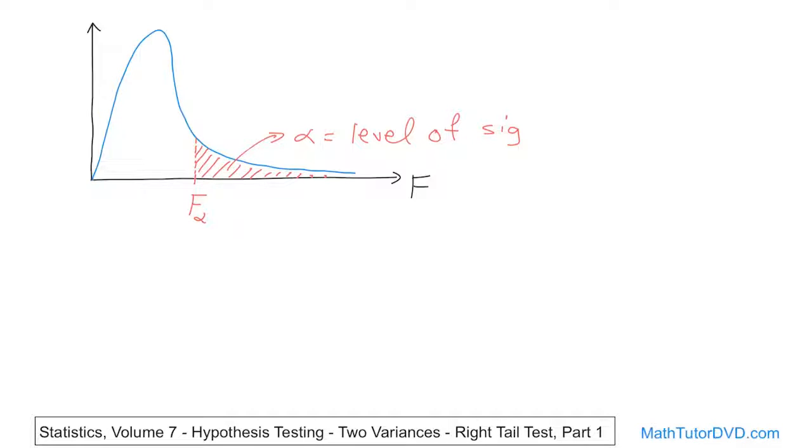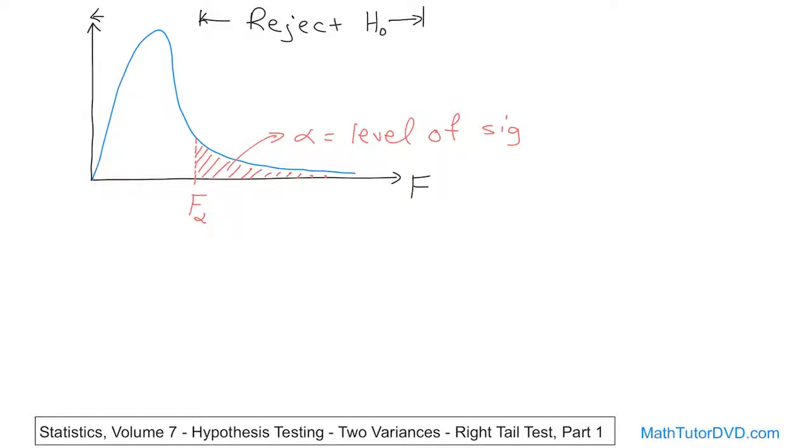If you remember back, we've done this before when we did rejection regions. So there's this critical value here, and it lines up with F sub alpha here. If we calculate our test statistic and we get a value over here, we'll reject the null hypothesis. Remember, everything in hypothesis testing is always, do you reject the null hypothesis or do you fail to reject it?